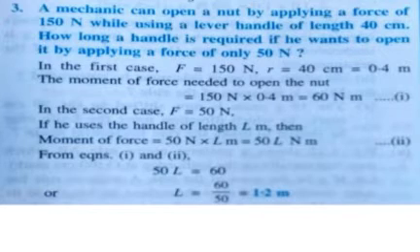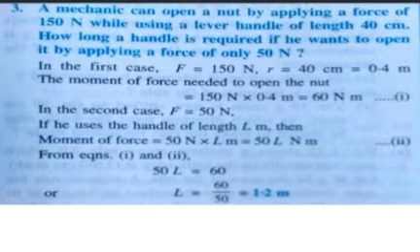Now he has to apply less force, right? First he was applying 150 Newton, now he has to apply only 50 Newton. So we will take more length. Length was first 40 centimeter, now the length will be more.